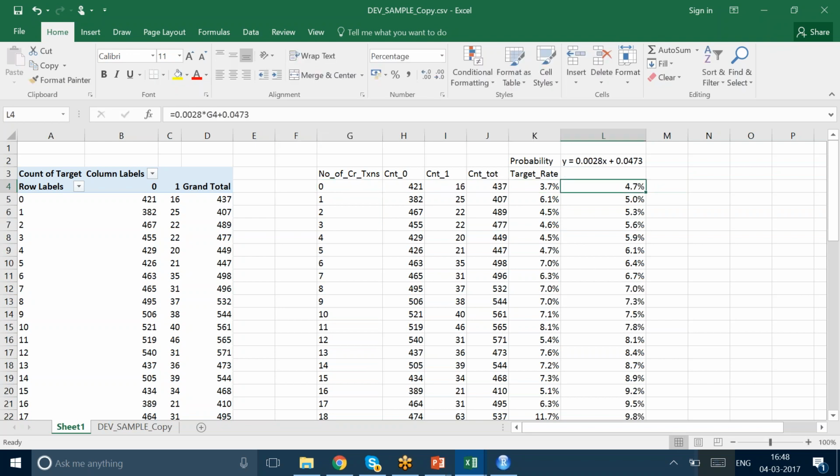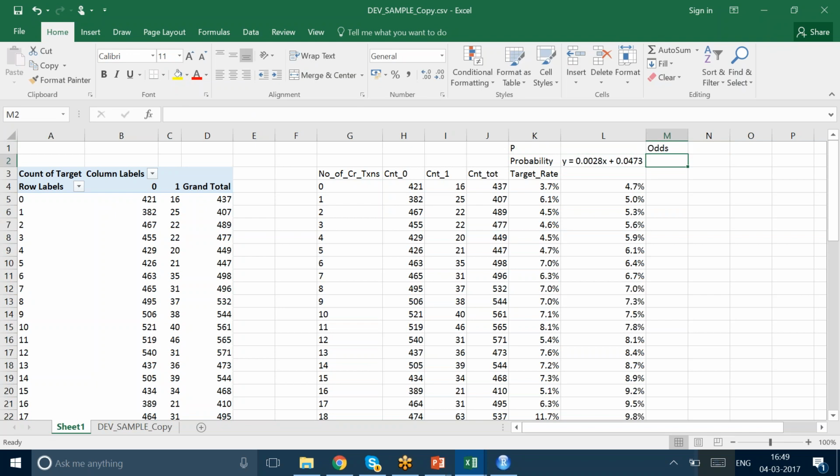To overcome this problem, instead of modeling y directly, which is response rate directly, can I do something else? I am trying here first to model probability P. Instead of modeling for probability, I'll model for odds.